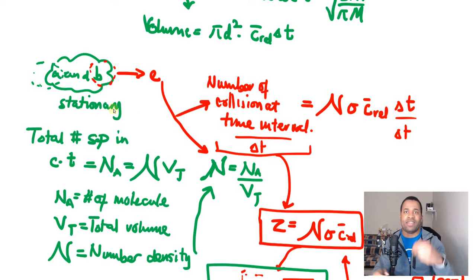That means the particles are stationary in that tube, and we looked at how one particle moving at that speed will collide with other particles.